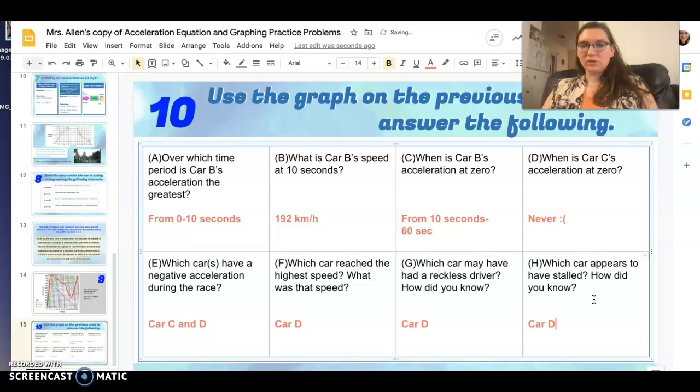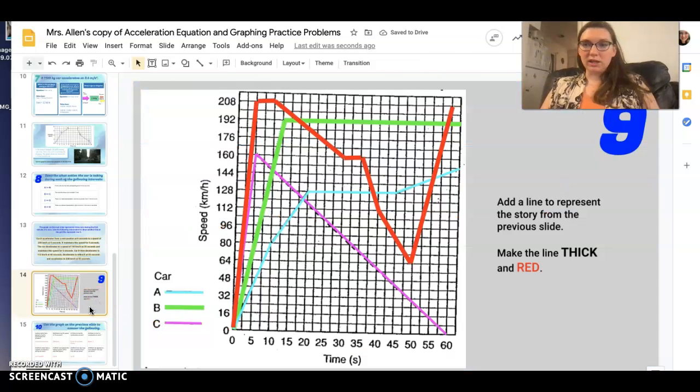Which car appears to have stalled, and how do you know? That's car C, because if the engine stops running, then the applied force goes away, which means the force of air resistance and friction is going to start slowing the car down. So car C stalled right there, and that's why there's that deceleration.